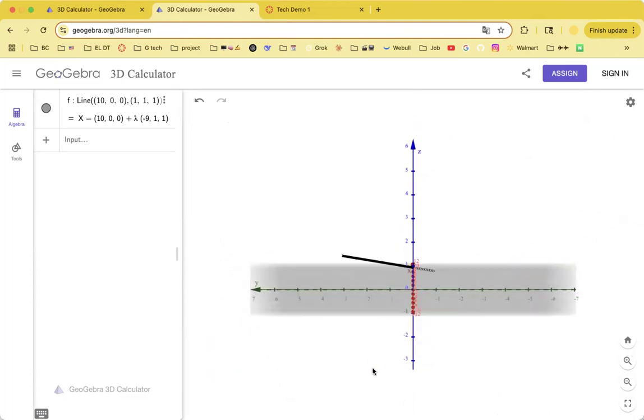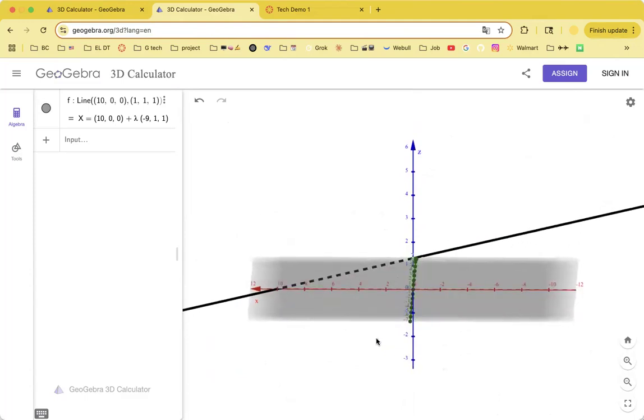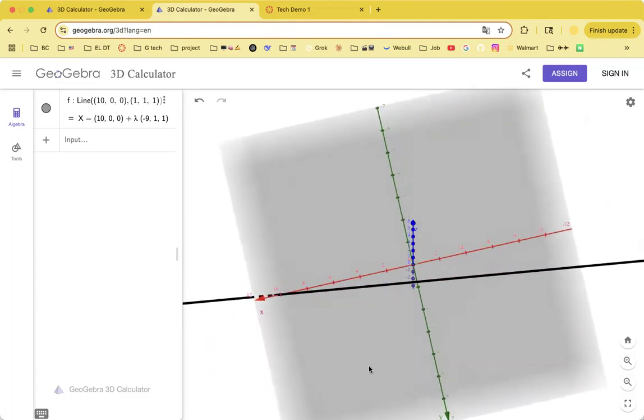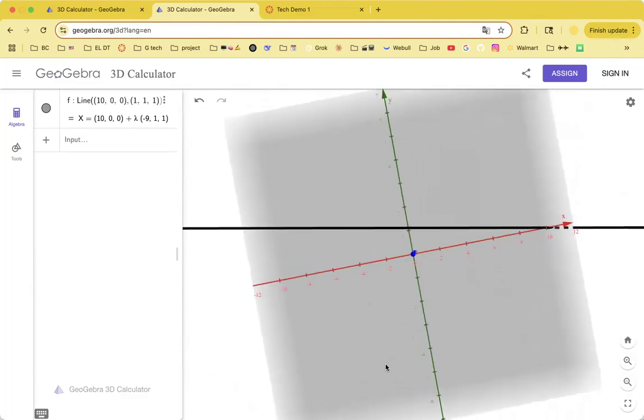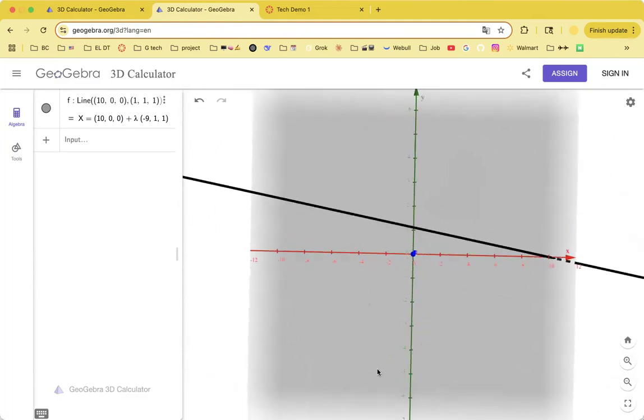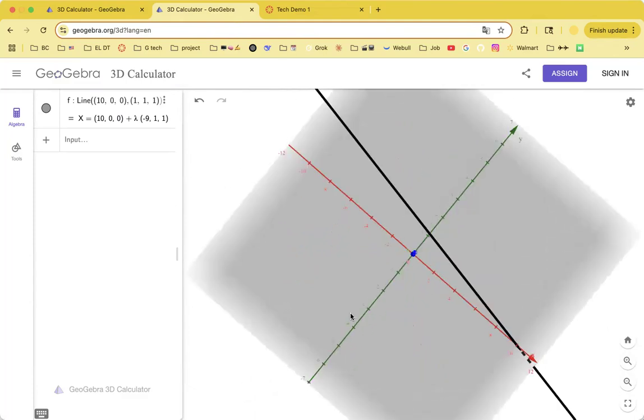And then let me show you a 360 degree view. If we look at it from 2D, it's going to be a downward line intersecting at x equals 10.